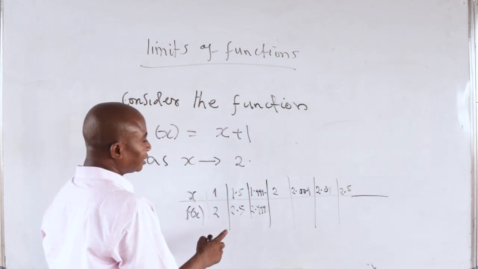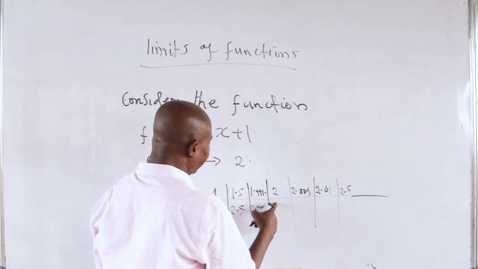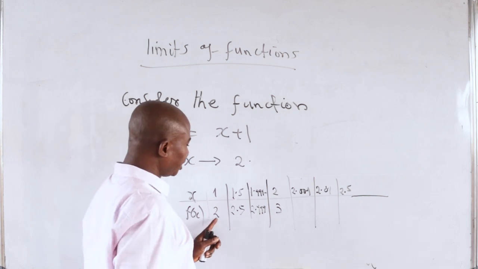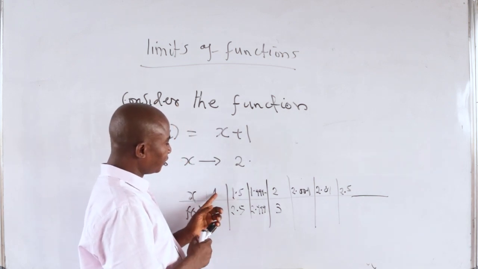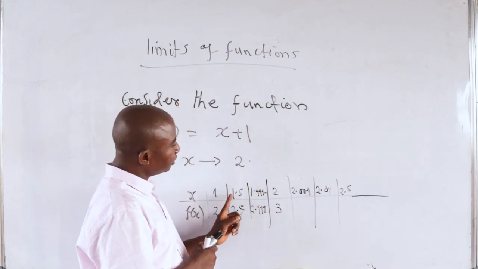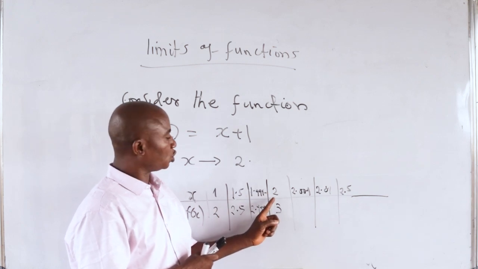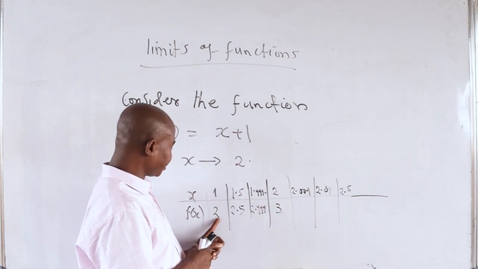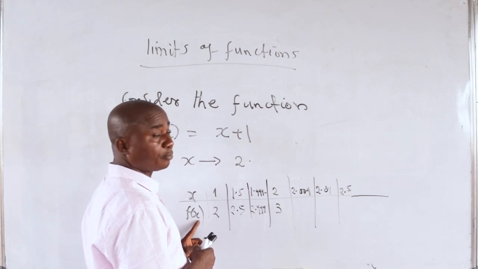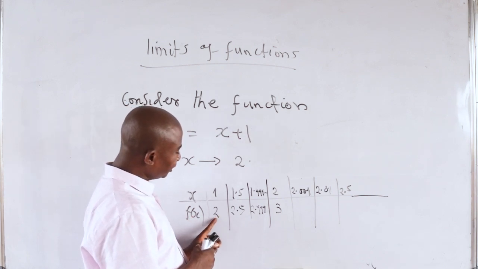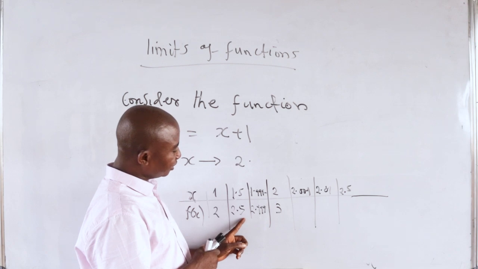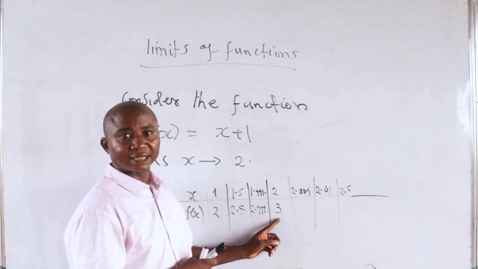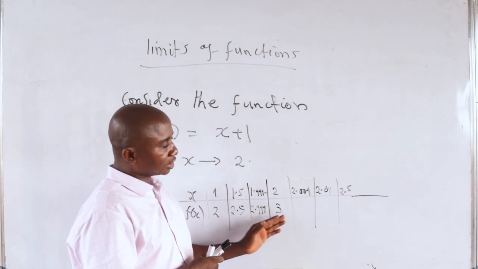At x equal 2 exactly, we have 2 plus 1, which is 3. Observe that as the values of x are getting closer and closer to 2, their images are increasing from 2 to 2.5, from 2.5 to 2.999, and then eventually we get 3. So they're getting closer to 3.